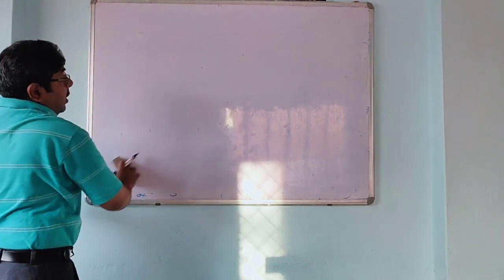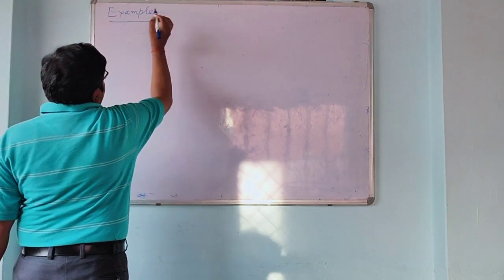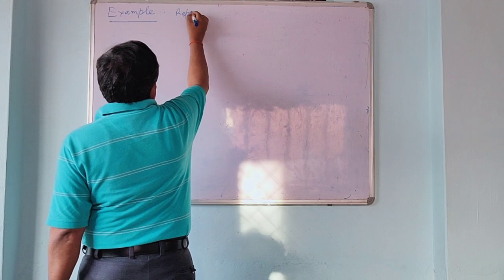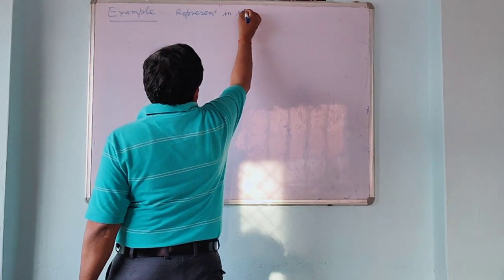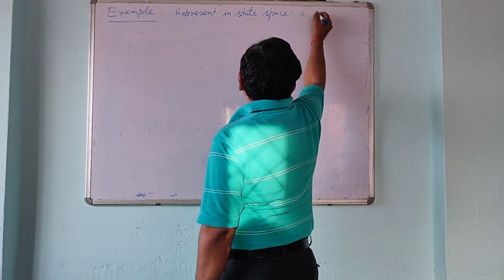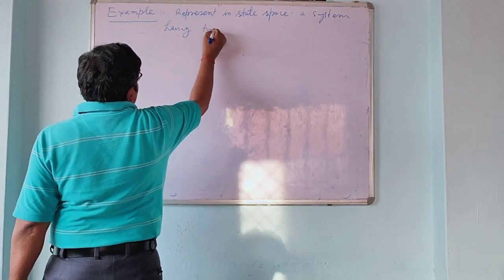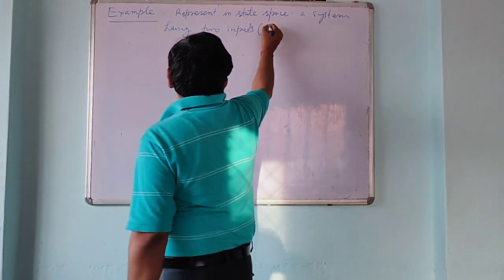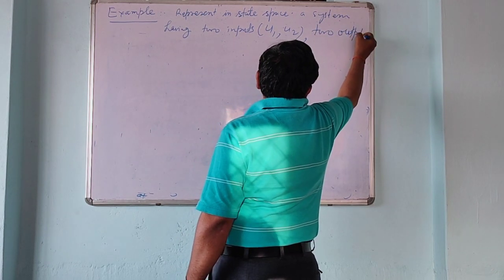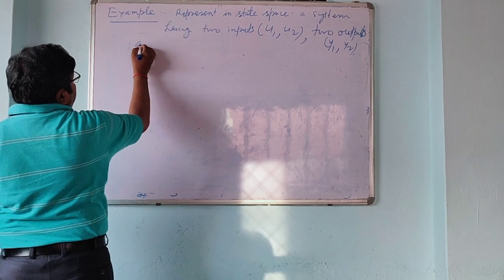Example: represent in state space a system having 2 inputs u1, u2, 2 outputs y1, y2 and 3 states.